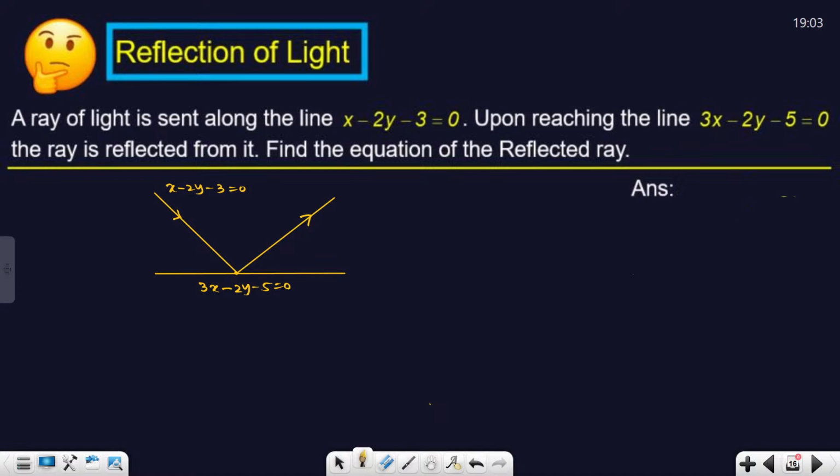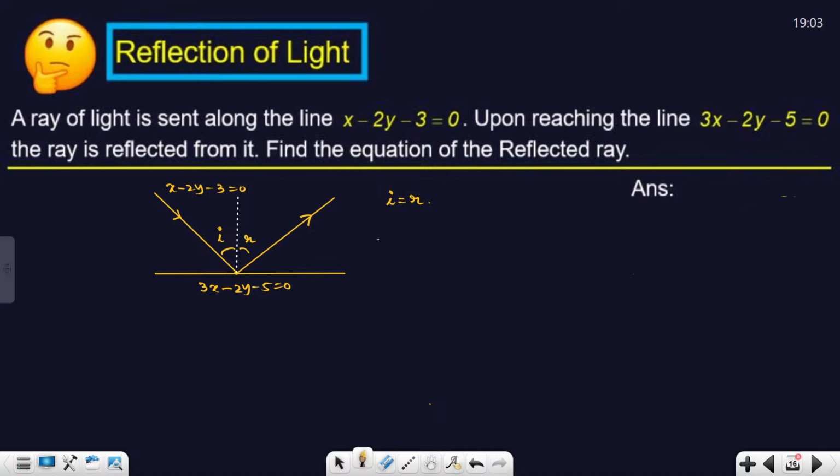Now, we all know from the physics concept that the angle of incidence is this angle, and this angle is what is called your angle of reflection. This is the angle of incidence and this is the angle of reflection. And we all know that the angle of incidence is always equal to the angle of reflection.